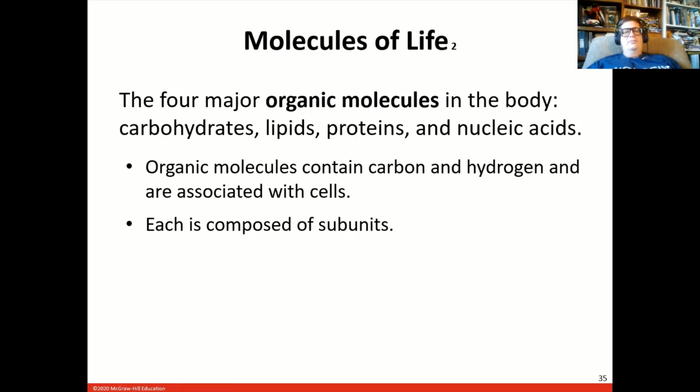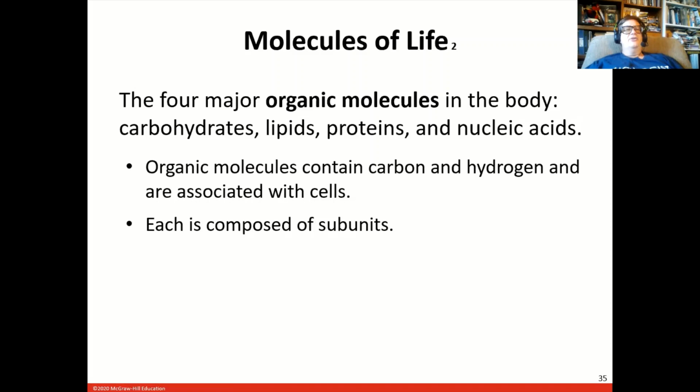So carbs, lipids, proteins, nucleic acids, good. Organic molecules contain carbon and hydrogen in large amounts. We think of them as being things we see in cells. Each one of these is composed of subunits. In the carbs, the proteins, the nucleic acids, we're talking long chains of repeating subunits.